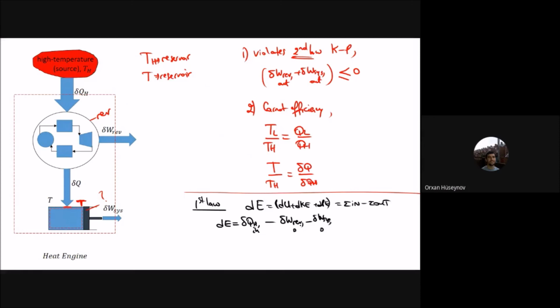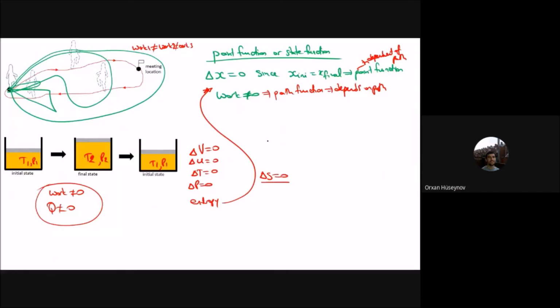I forgot to add one thing here: for the properties, the point functions, you start at some point and travel back to the same point, and it gets 0. To write it, we use the cyclic integral. Cyclic integral means that some cycle has happened, we start and get back. The cyclic integral of dx is 0, of dv is 0, of du is 0, and of dT and dP it is 0.